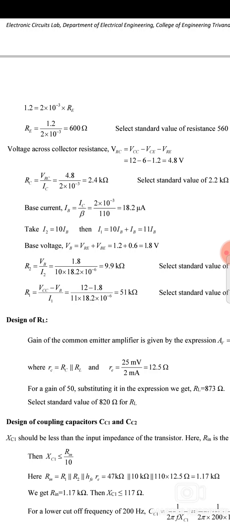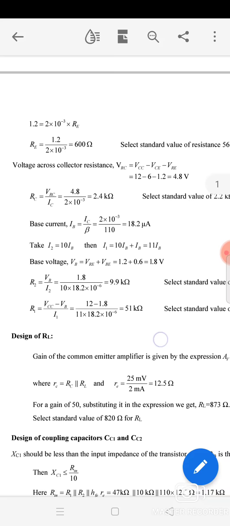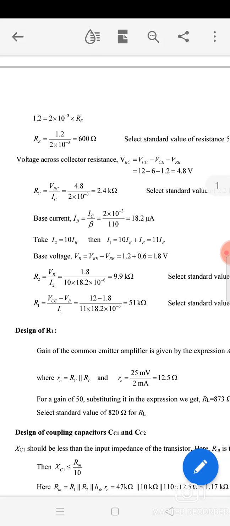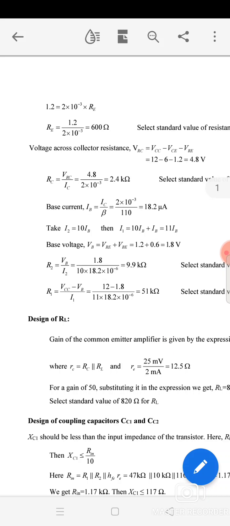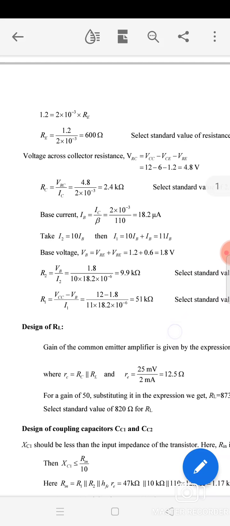Here we consider 0.6, textbooks consider 0.7, sometimes 0.6 or 0.7, no problem. These are the standard values for a conducting diode. So VB is 1.8 volts.